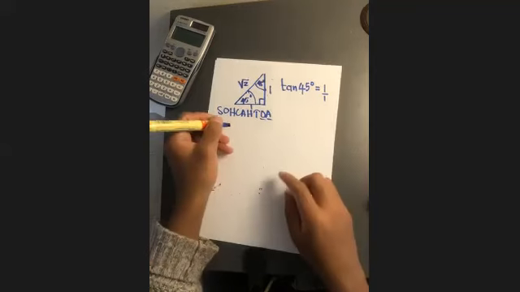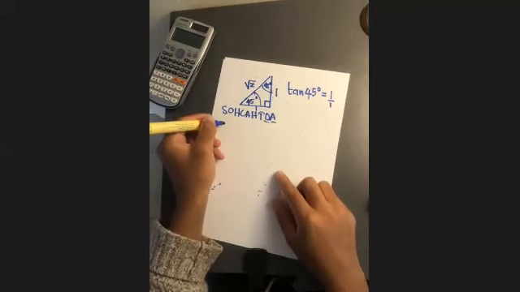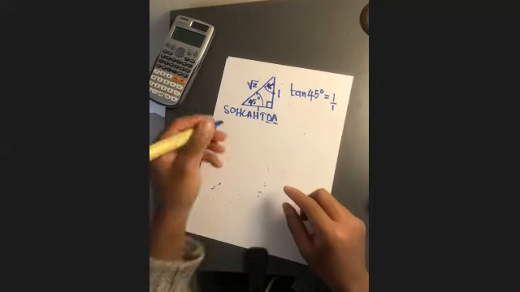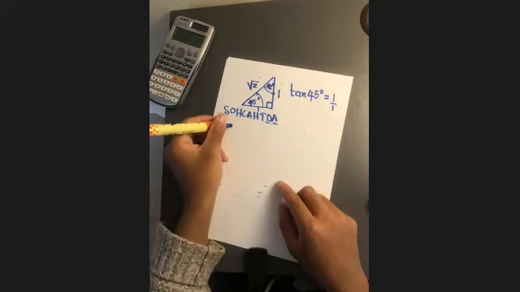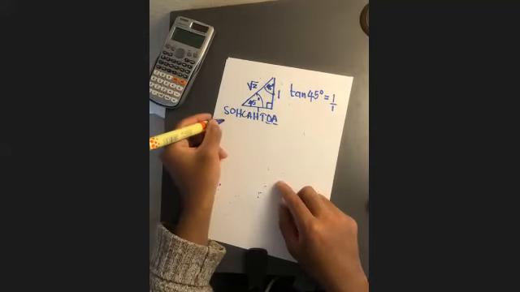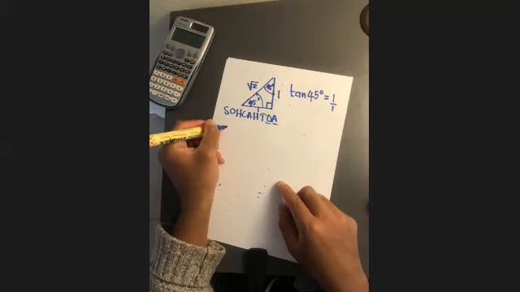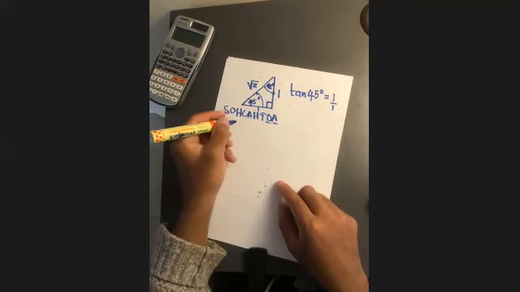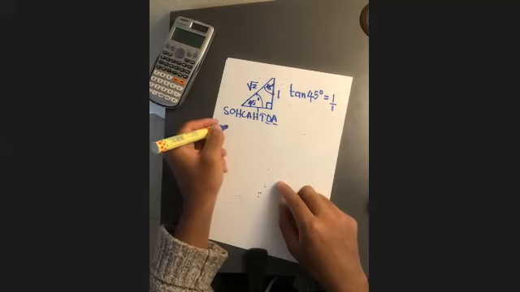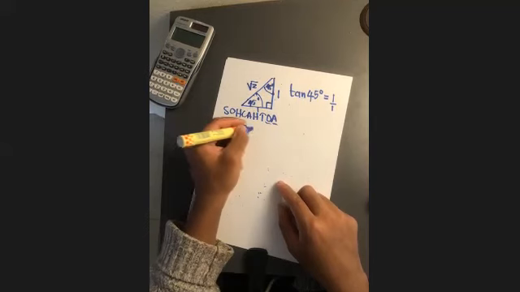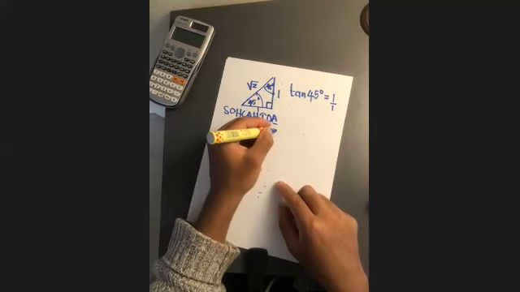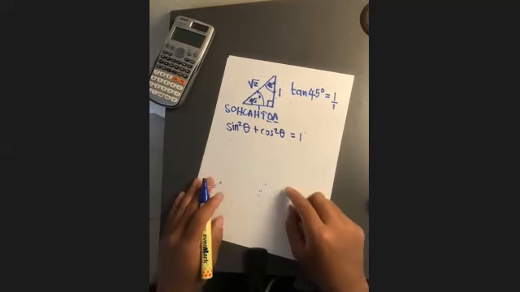Now going back to the theorem of Pythagoras in the context of trigonometry, when r is equal to 1, we get the trigonometric identity: sine squared theta plus cosine squared theta is equal to 1.